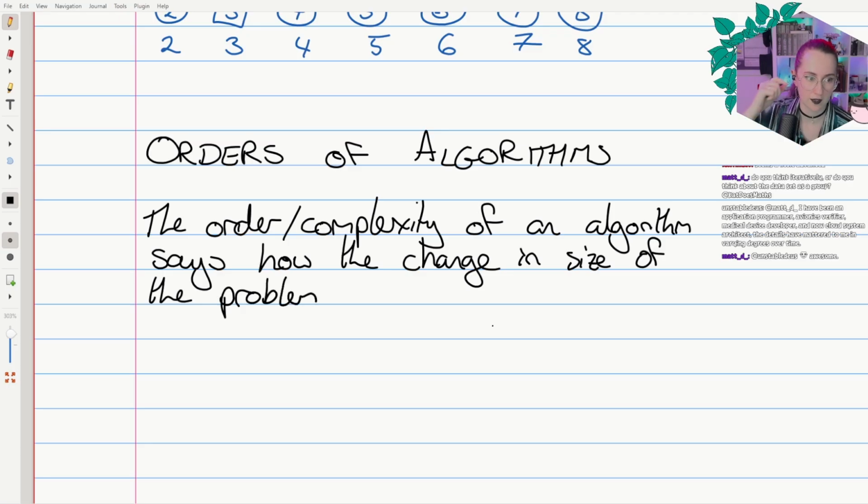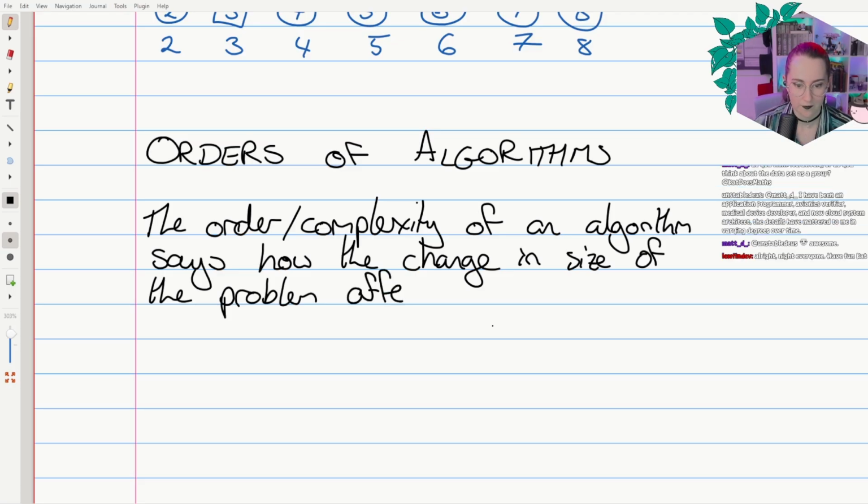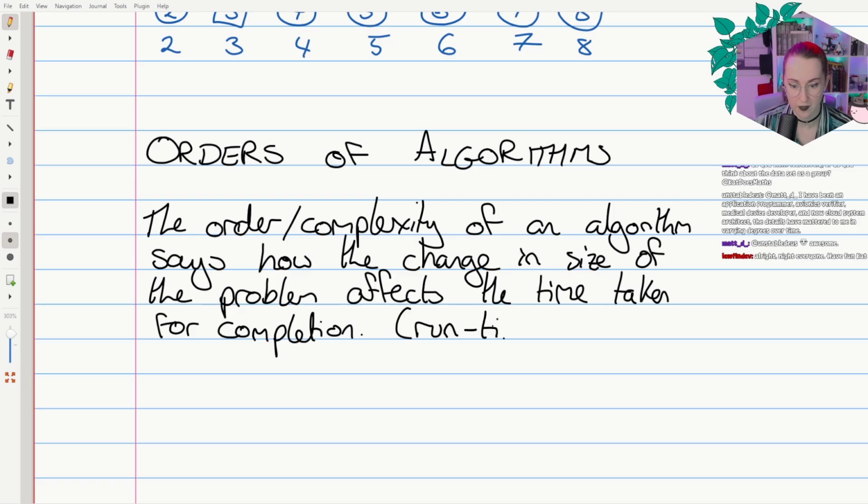So when we're talking about sorting lists, like the number of elements that we have to consider, basically the number of elements, the number of inputs, the size of the problem that we're trying to solve affects the time taken for completion, which is sometimes called runtime.